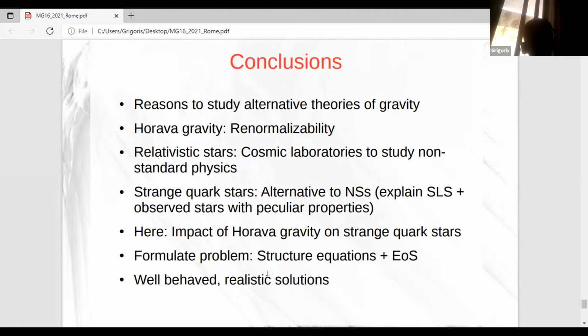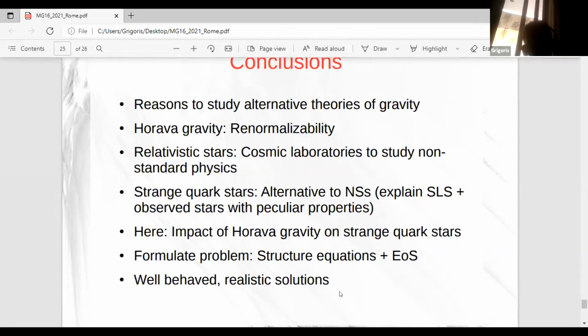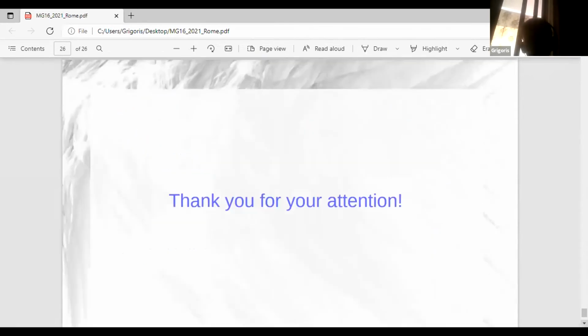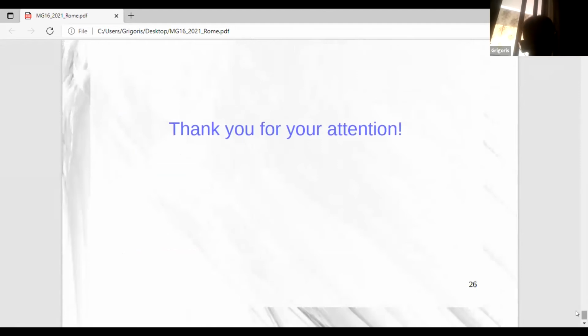In order to formulate the problem, we need to find the generalized structure equations plus the equation of state describing the microphysics of the matter content of the star. And we have found well-behaved solutions that are capable of describing realistic astronomical configurations. So that's all, and thank you for your attention.